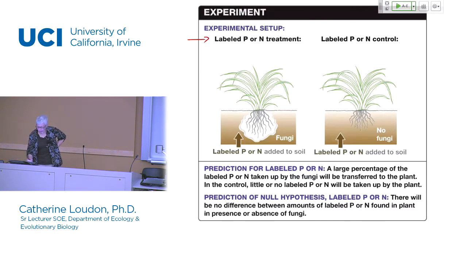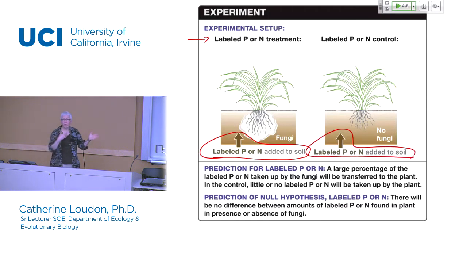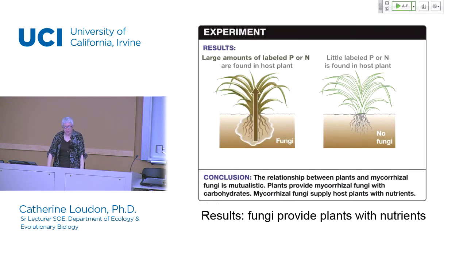So now the experimental design is to add radioactively labeled phosphorus or nitrogen containing mineral nutrients to the soil in both cases. And similarly, where we have a plant with or without mycorrhizal fungi, with fungi on the left and without on the right. You wait a little while, and then you look and see where the radioactivity is.